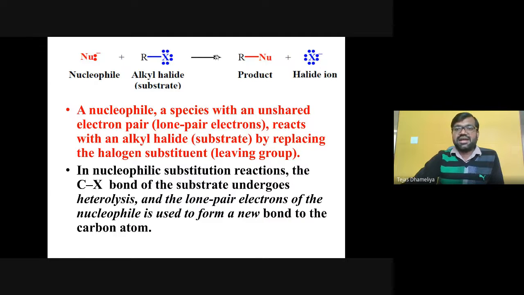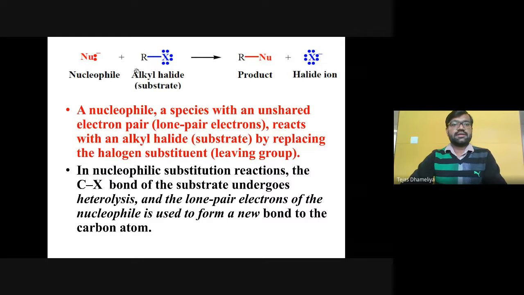Now here I wish to claim the formation of a new product through a new bond formation between this R group and the nucleophile. Basically, nucleophile is symbolized as Nu.